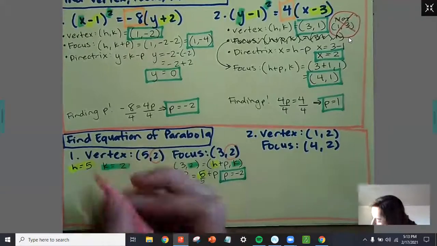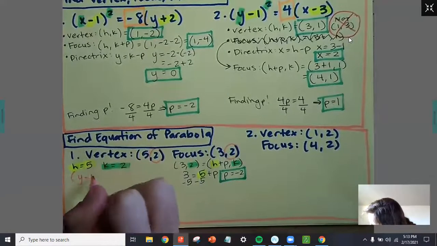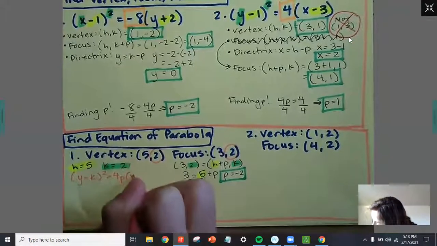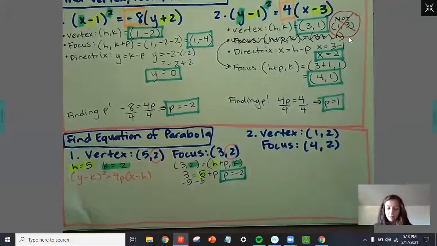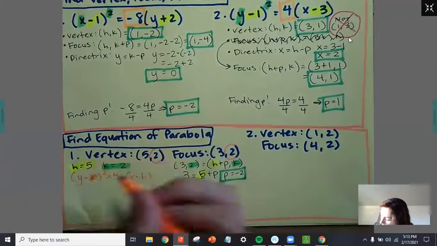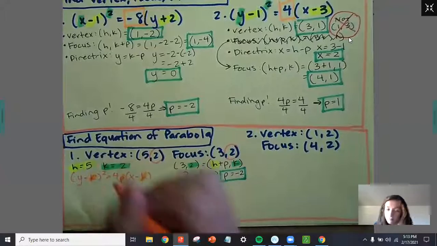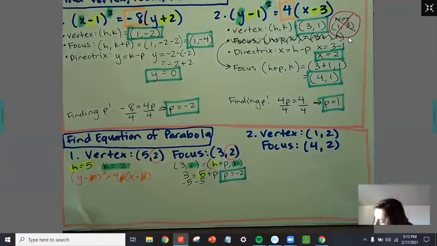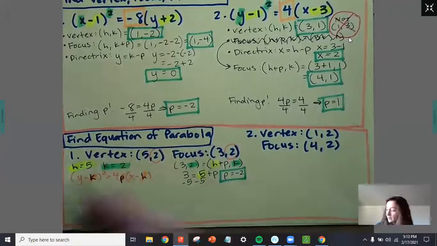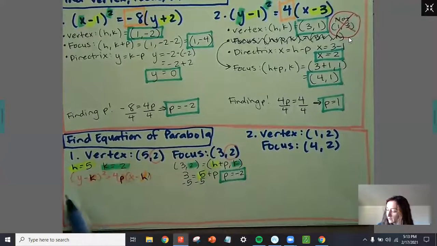And the formula is y minus k squared equals 4p times x minus h. So let's go ahead and plug in our values. We're going to be plugging in our k, our h, and our p. And I made that kind of hard to see. There we go. Okay, so let's plug in our different values here.